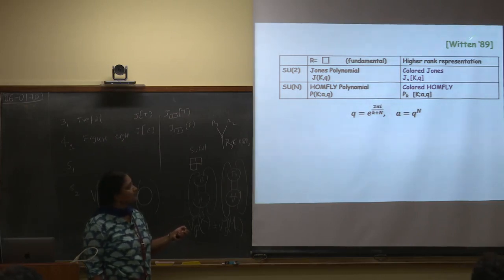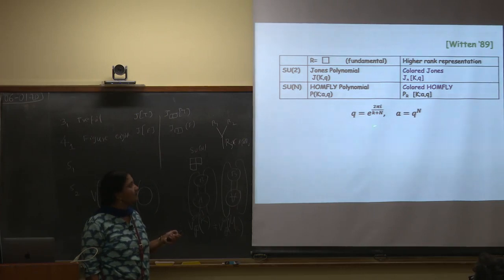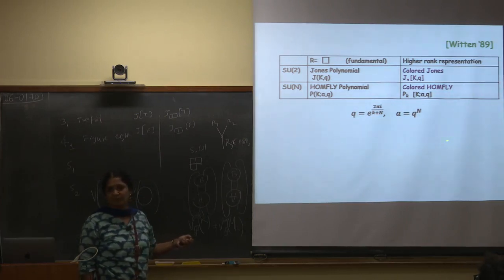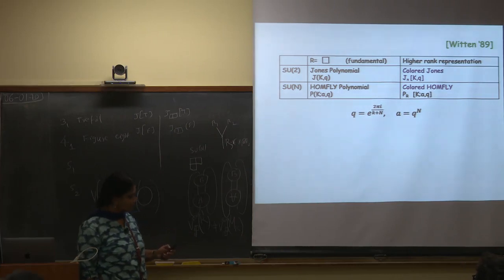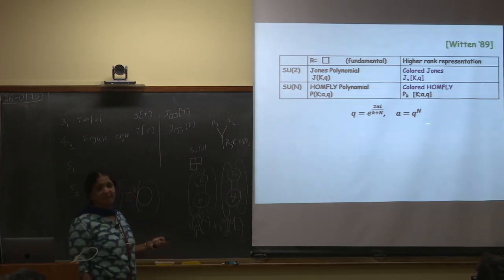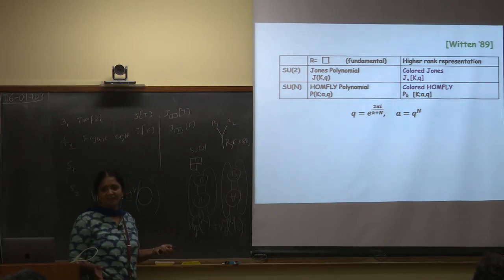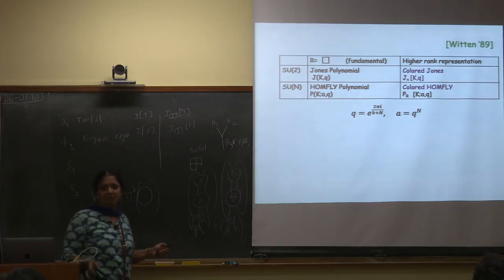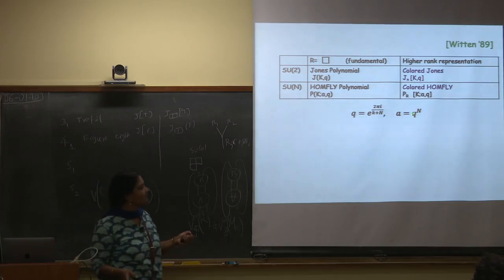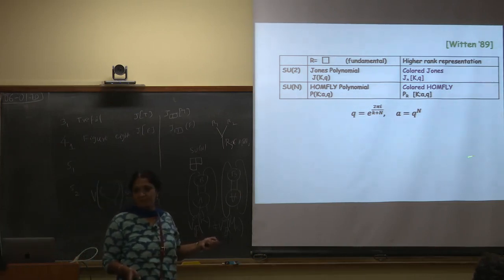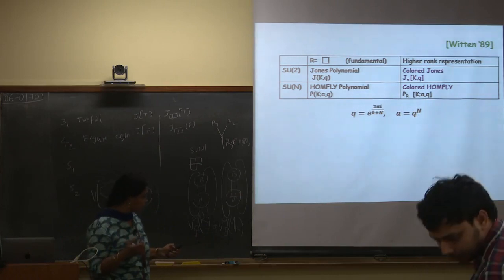But from the physics approach, Witten's approach, you can show that Q is related to the Chern-Simons coupling and also the rank of the gauge group, and A is not actually independent, but can be written as Q to the power of N. So if I work with a specific N like SU(3), it will be a one-variable polynomial. Only when I write for an arbitrary SU(N), wherever Q to the N emerges, I put in a second variable.